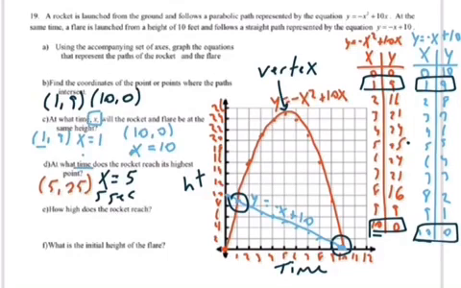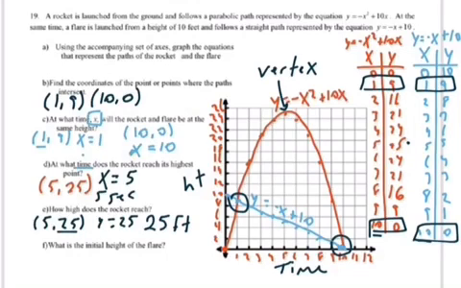E, how high did it go? Again, the highest point would be talking about the vertex, and the height would be your y value, so y is equal to 25. So the highest point would be 25 feet.